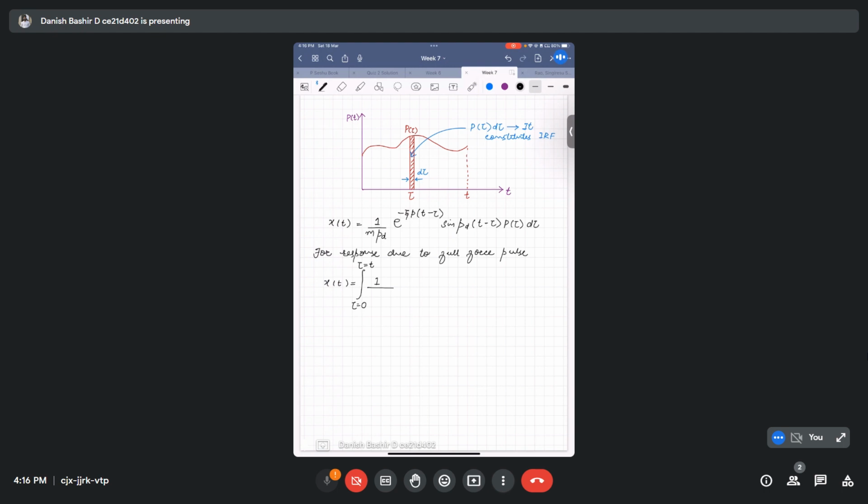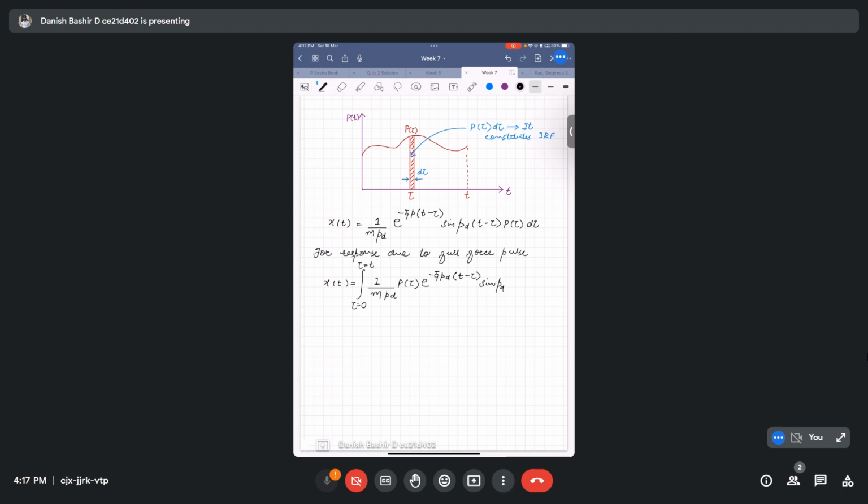1 by m omega_d integral of p of tau, that is the force at any time tau, e to the power minus xi omega (t minus tau) sine omega_d (t minus tau) d tau.